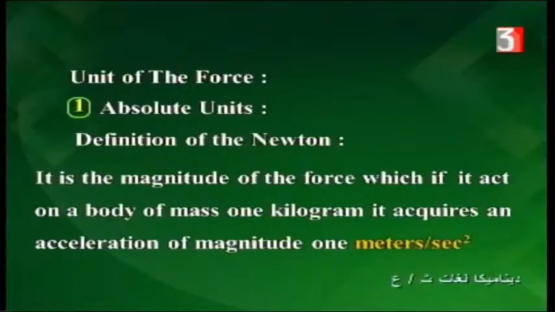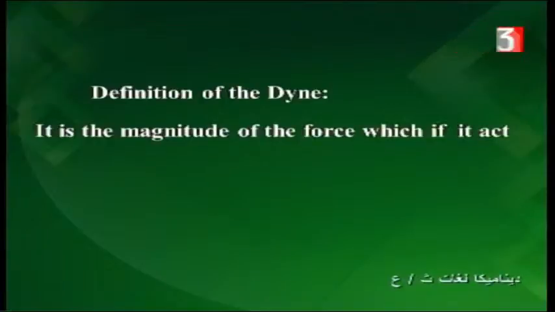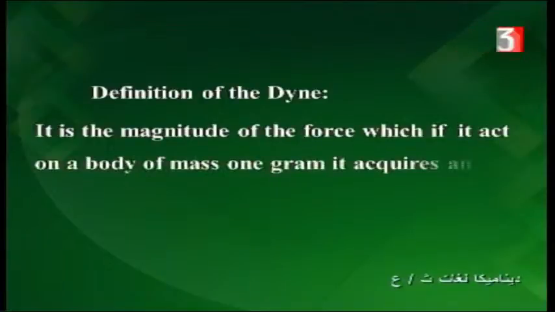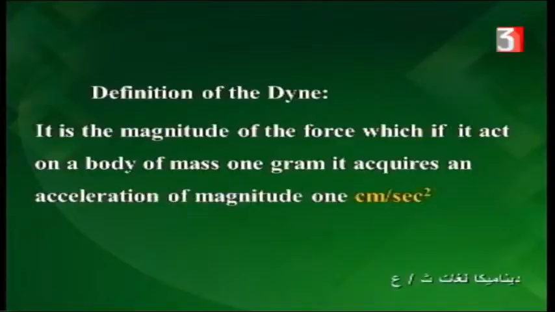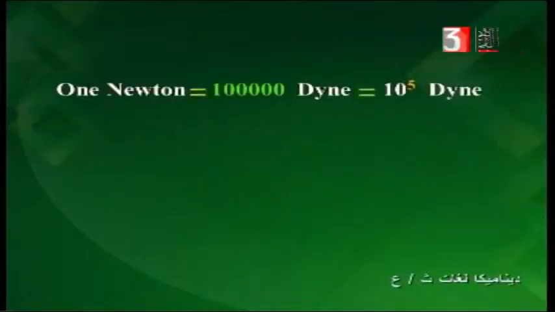And we have the definition of the dyne: it is the magnitude of the force which, if it acts on a body of mass 1 gram, makes it acquire an acceleration of magnitude 1 centimeter per second squared. And we note that 1 Newton equals 100,000 dyne, or 10 to the power 5 dyne.